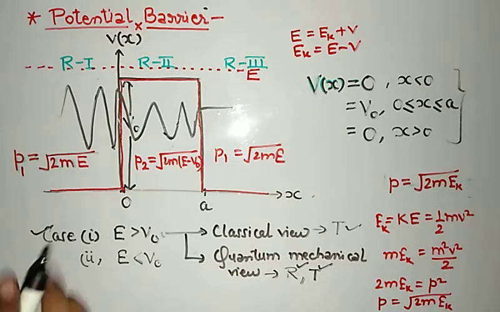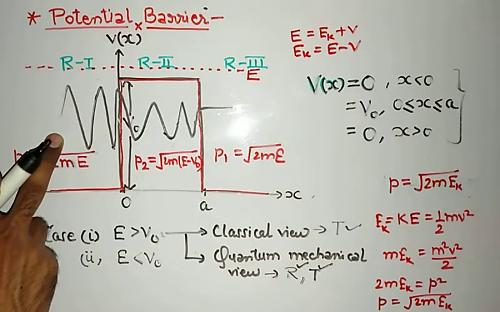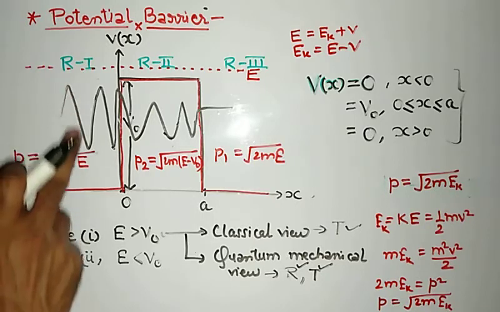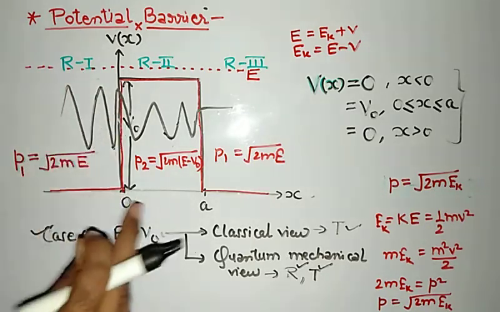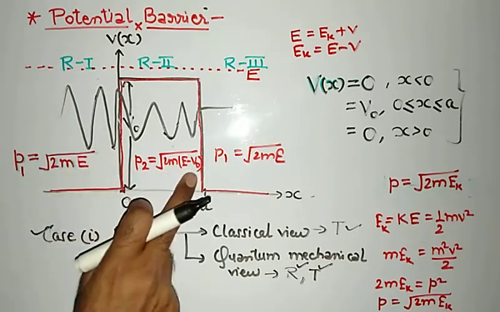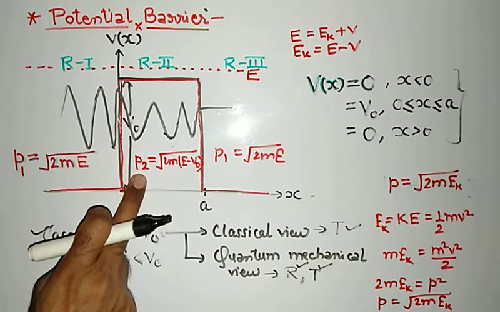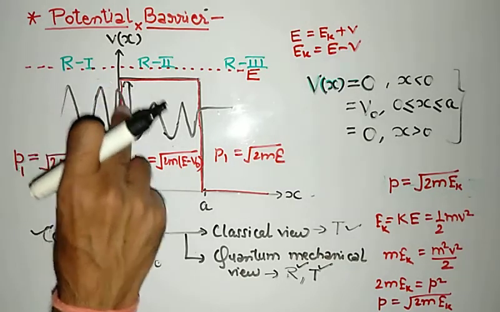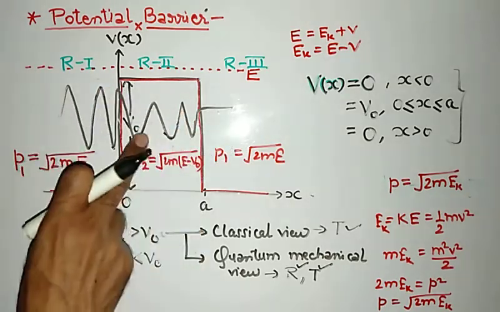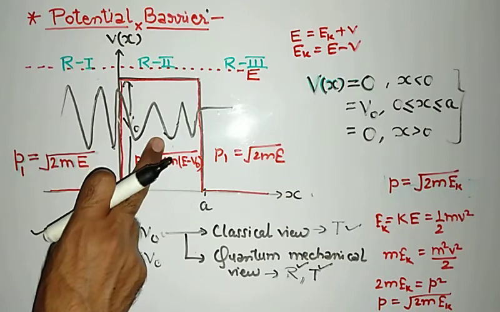So when the particle is incident from the left side with some amplitude, since kinetic energy is decreasing, momentum is decreasing, therefore it will slow down, so amplitude variation happens.